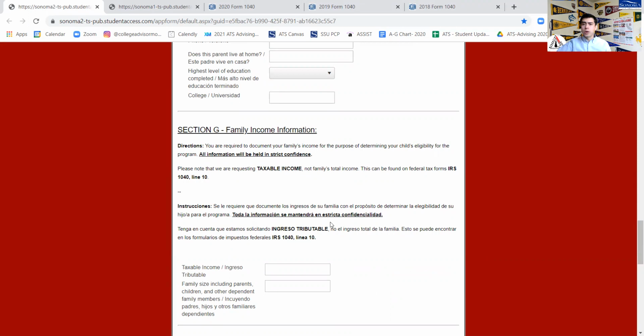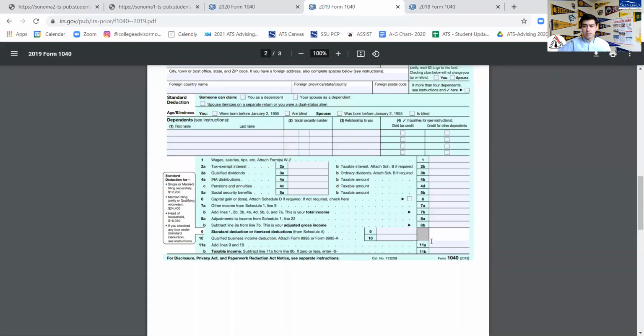And depending on what year taxes you're going to use, you will find it in a different line. So if you're using the 2018 income taxes, you'll find it in line 10. If you're using the 2019 taxes, you'll find it in 11B, and this is what it'll look like. You'll see it in bold, taxable income, 11B.